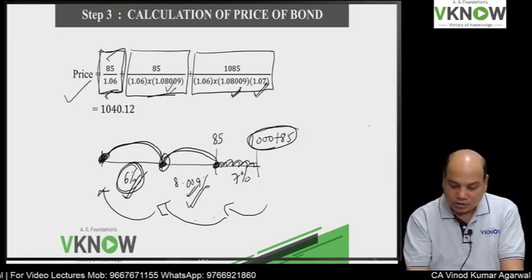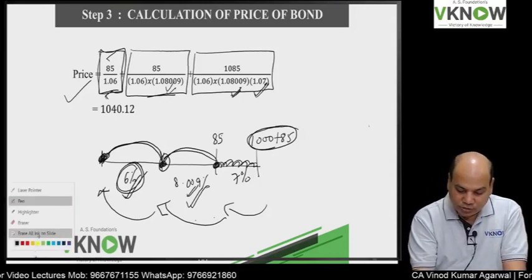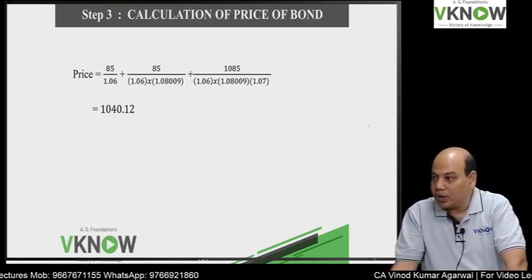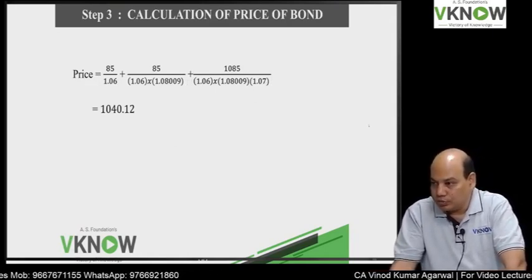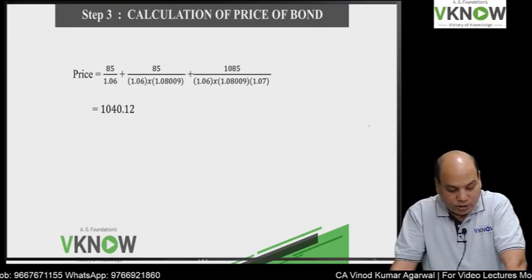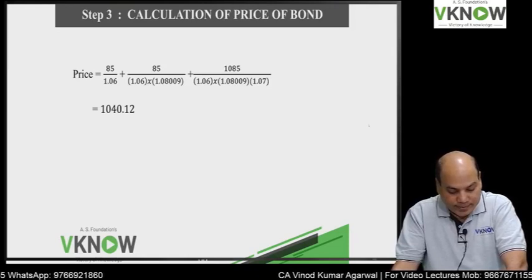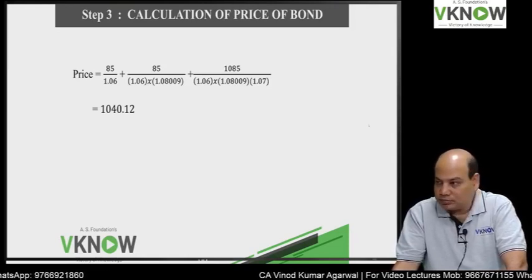Check the final answer. This way, using forward rates, we can compute the price of a coupon bond also. So please reply if you can. What is the answer? Please reply.